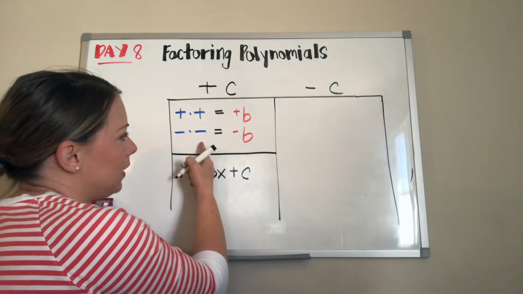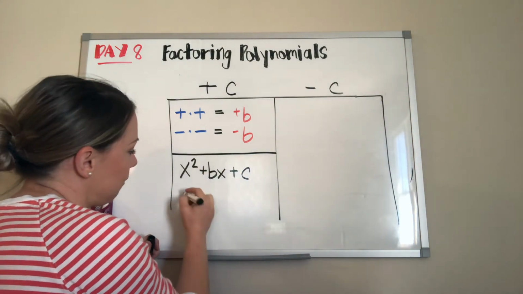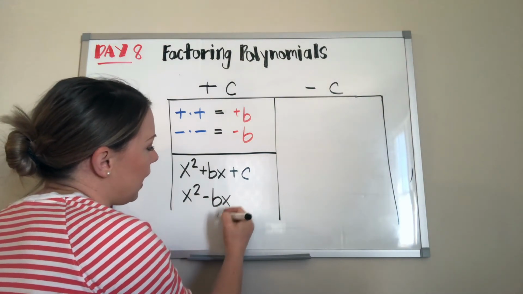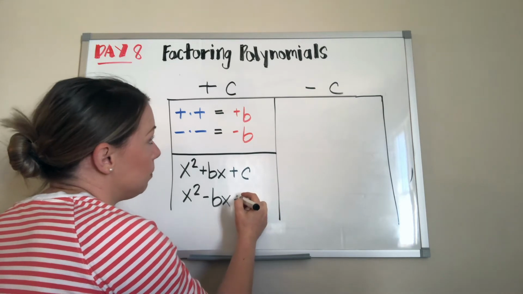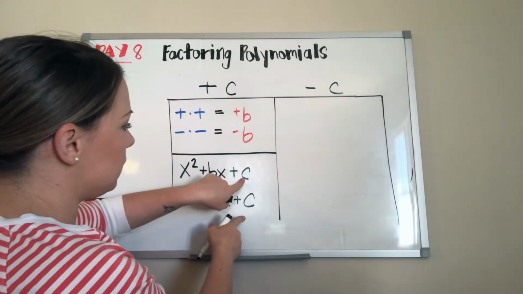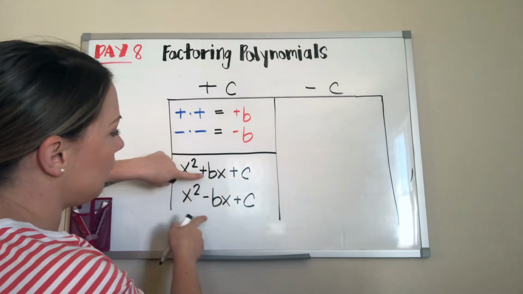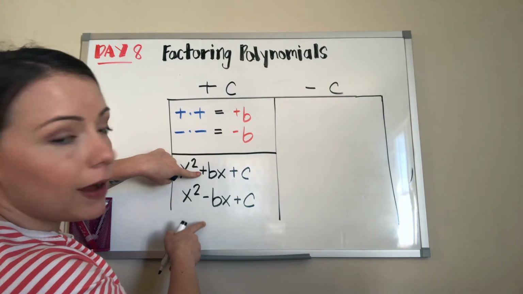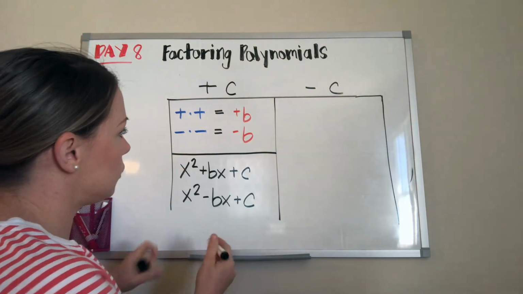However, if I had two negative factors leading to a negative b, I would have x squared minus bx plus c as well. So again, I had positive c both times, but depending on those factors, I'm going to either have a positive set of factors or a negative set of factors.